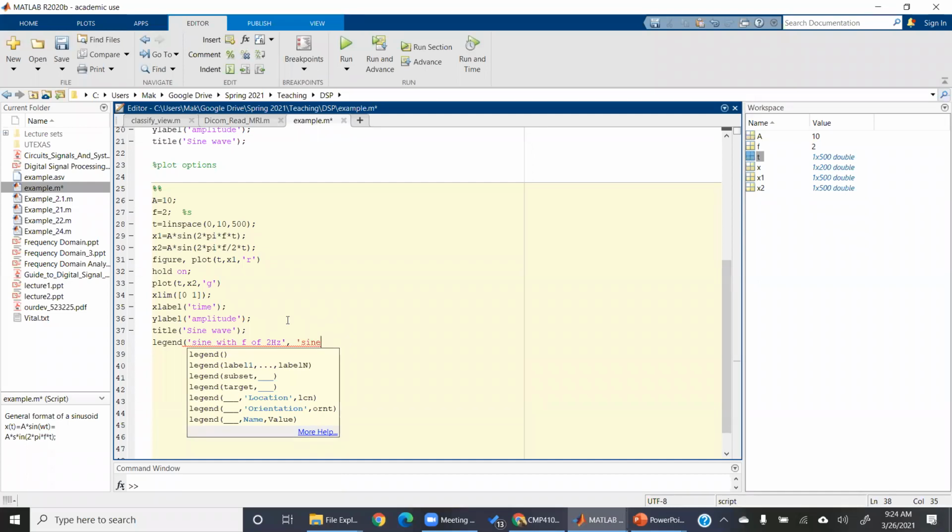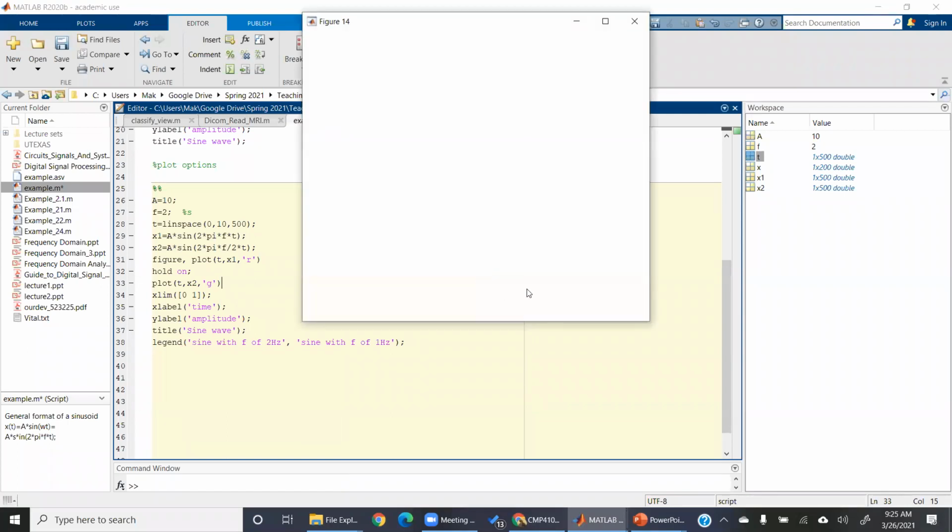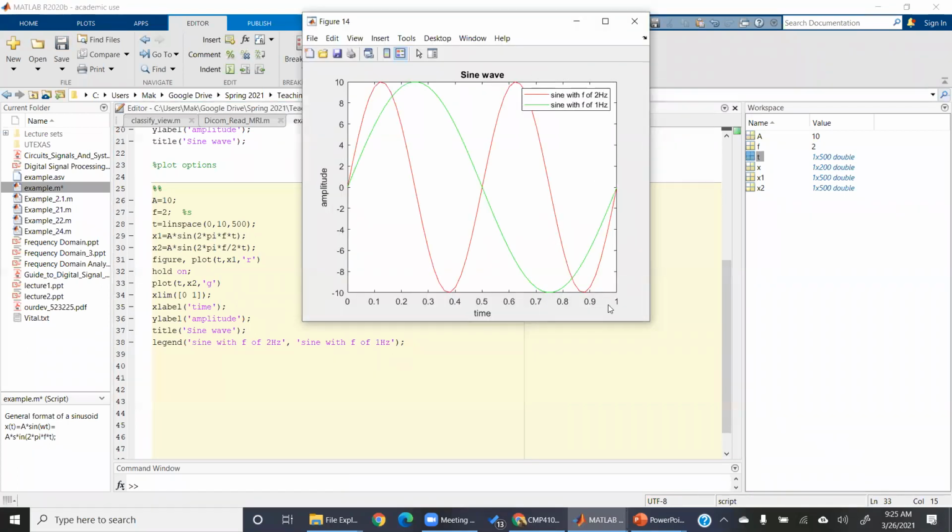Next one is sine with frequency of 1 Hertz. And there we go. So let's see what this does. If I run section, there we go. Now we have a legend which tells us which plot corresponds to what.